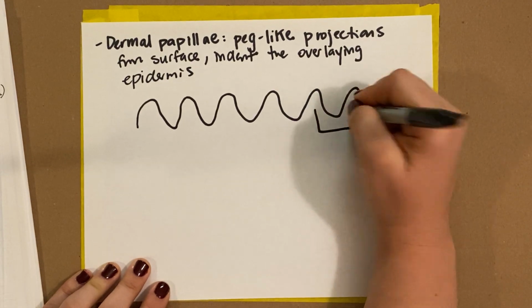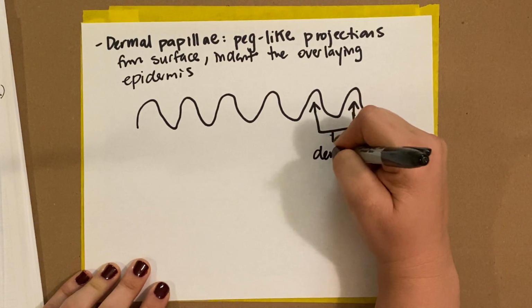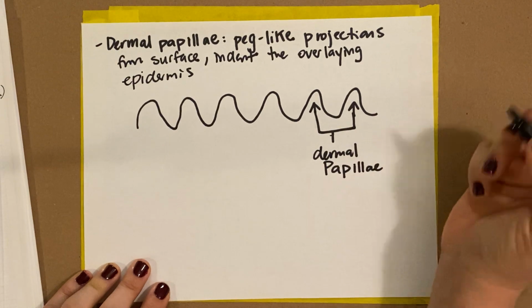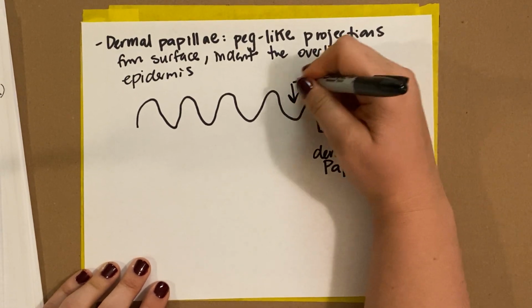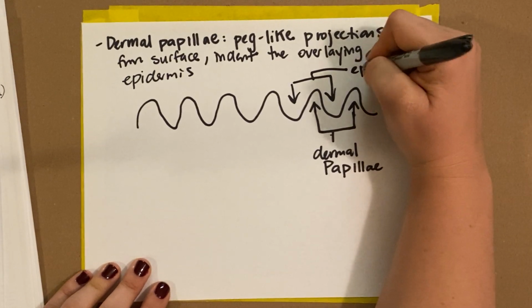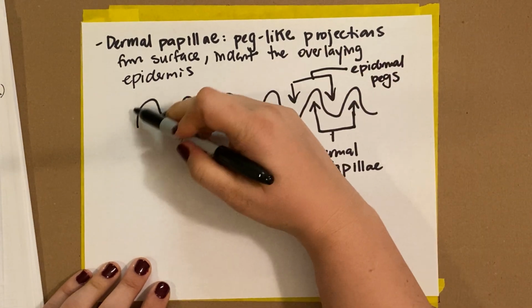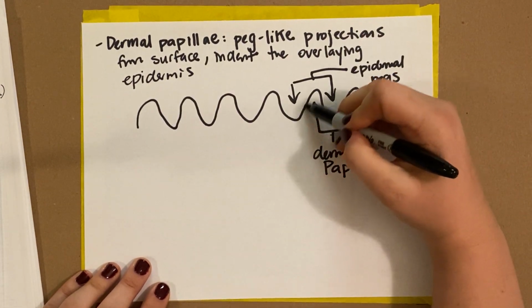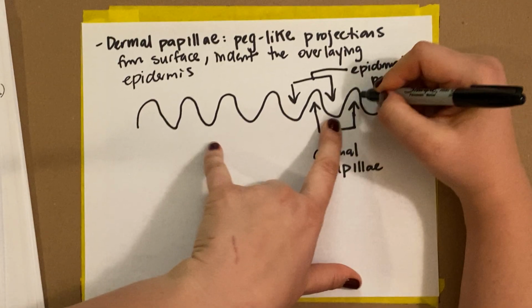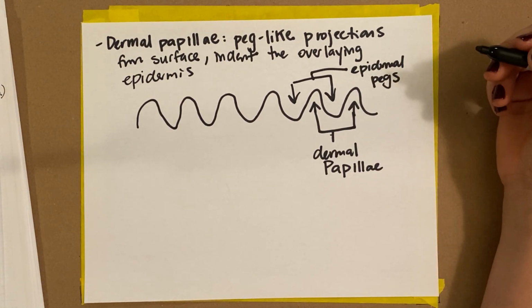These structures on this side would be called the dermal papillae. These structures right here would be called epidermal pegs. And again, this is that lowest level, the intersection between the dermal papillae and the epidermal pegs. So this is where the stratum basale is going to be.